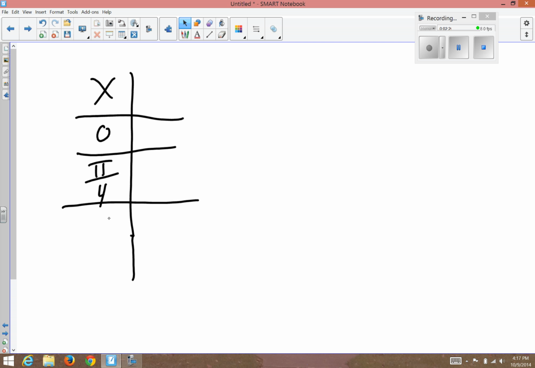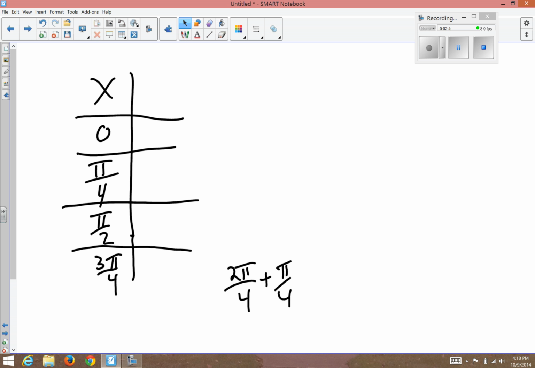Pi over 4 plus pi over 4 is pi over 2. Pi over 2 plus pi over 4 is 3 pi over 4. And 3 pi over 4 plus pi over 4 is 4 pi over 4, which is pi. We stop at pi because it's integral from 0 to pi.